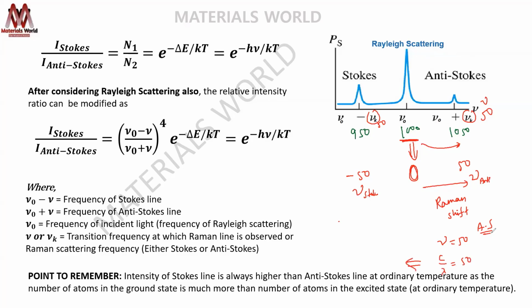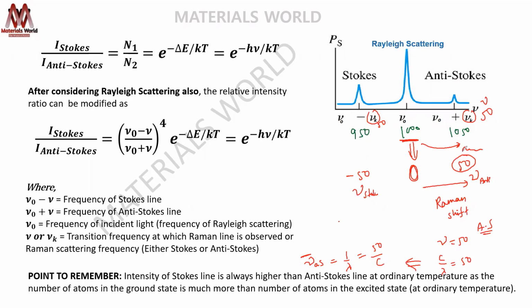That means 1 by lambda is 50 by C. Since h nu equals h C by lambda, nu equals C by lambda. So 1 by lambda is 50 by C, which is nothing but the wave number of the anti-Stokes line. So for this corresponding 50, I can write my wave number also.